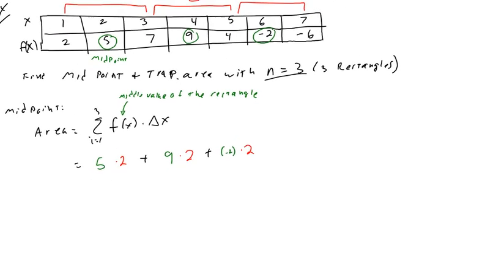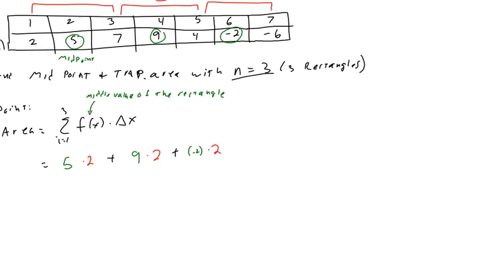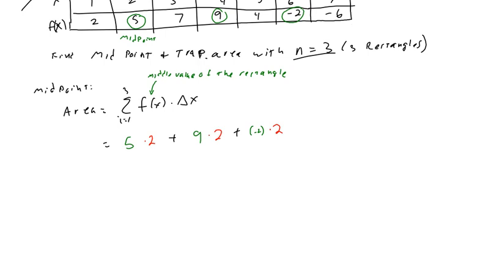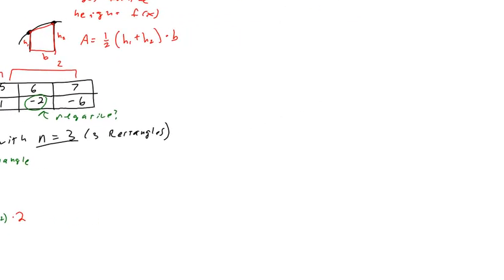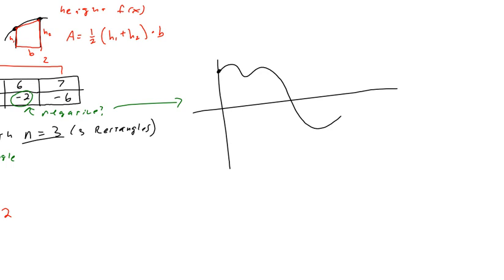Well, let me tell you a little rule about areas under curves. I'm going to do a little aside over here. If you have a graph like this, and your function goes like this, it's wiggling, and then it goes down below, and then it comes back up.